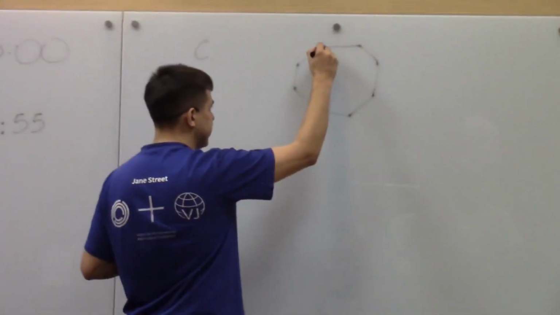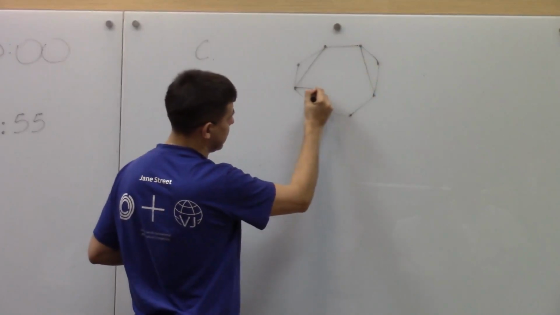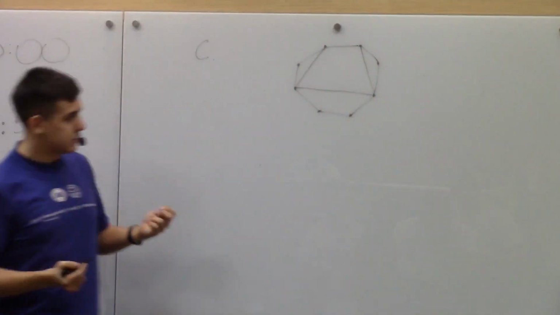So for example, this might be a triangle, this might be a triangle, and that's it. So there are 2 triangles here.